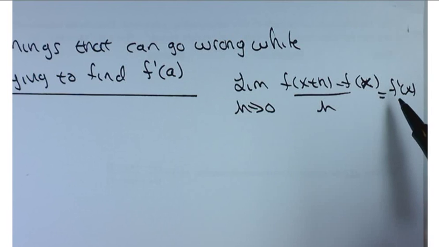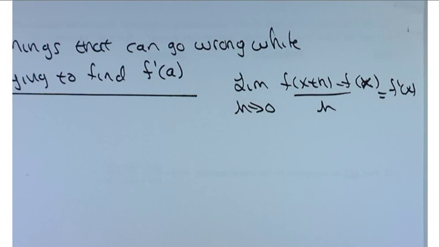But the derivative is based on a limit. And there are things that can go wrong with limits. We saw some of that earlier. In order for a limit to exist, what two things have to be equal? Good. The limit from the left and the limit from the right have to be equal. And that's not going to be true if you don't have a continuous function.